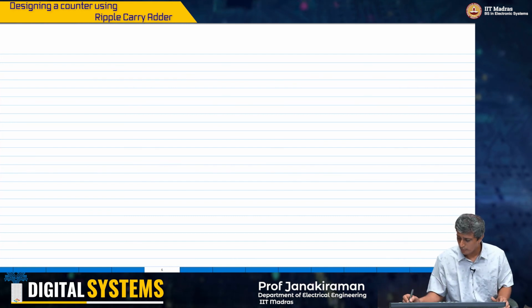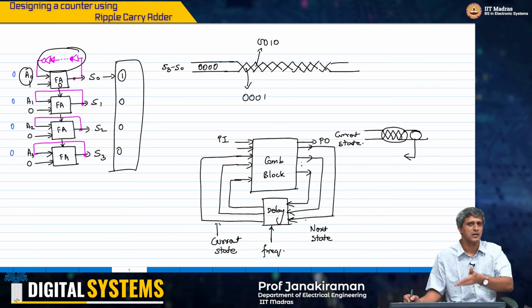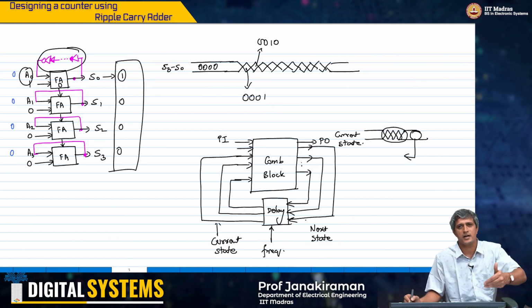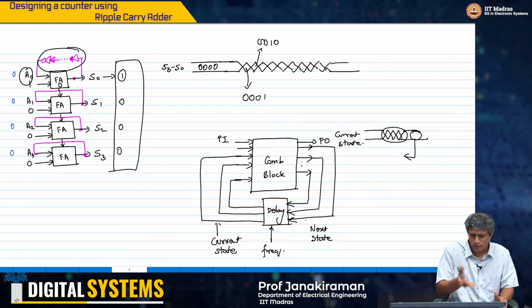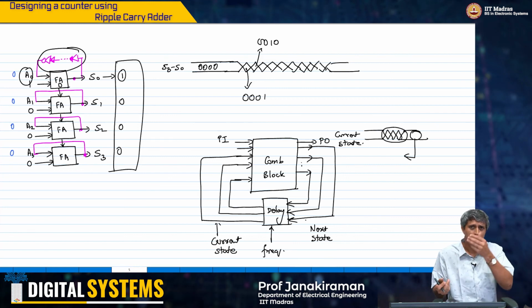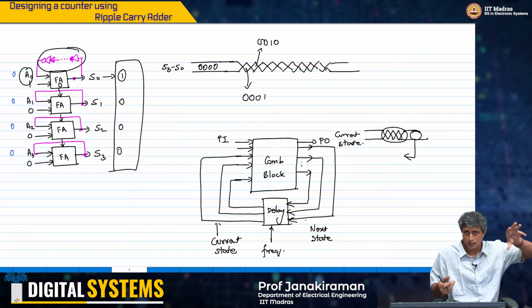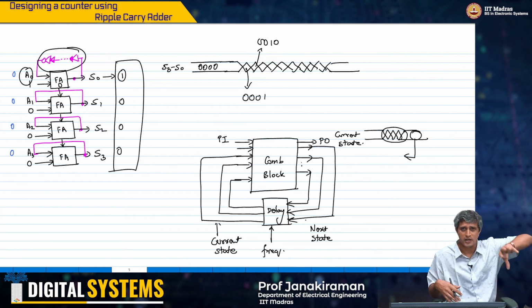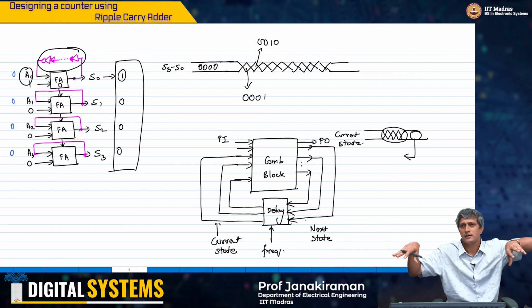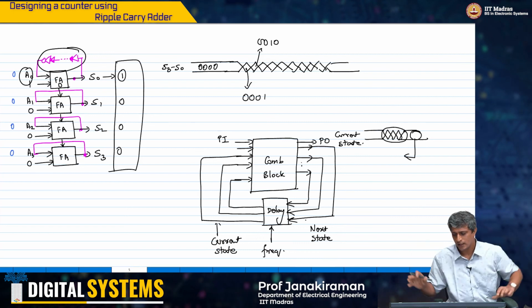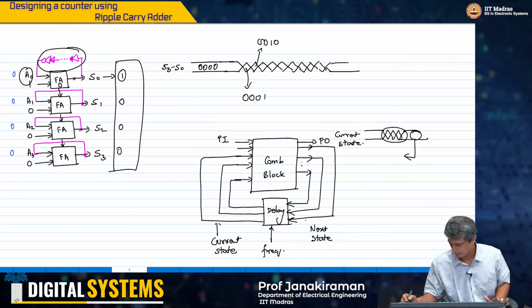In this counter case, it is very simple: the next state is current state plus 1. You could have any other combinational block instead of a ripple adder there. You could take the current state, feed it back, and get the next state. Okay, so that's the basic idea here, right?